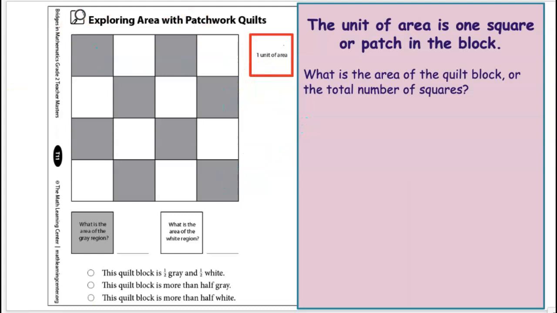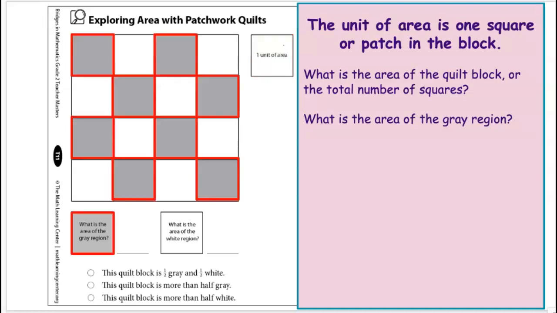My next question I'm going to think about is, what is the area of just the gray region? So if I'm only thinking about the gray squares, I'm going to think about how I can count those. Now I'm going to count again by my rows. And I see that I have 1, 2, just 2 squares in my first row.